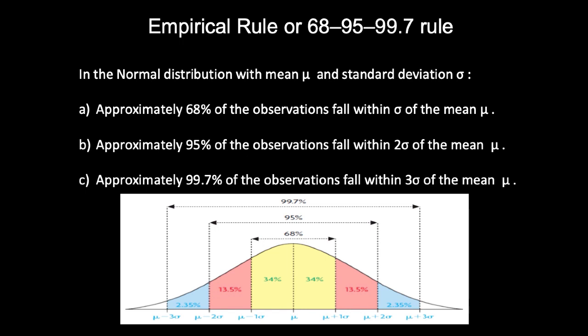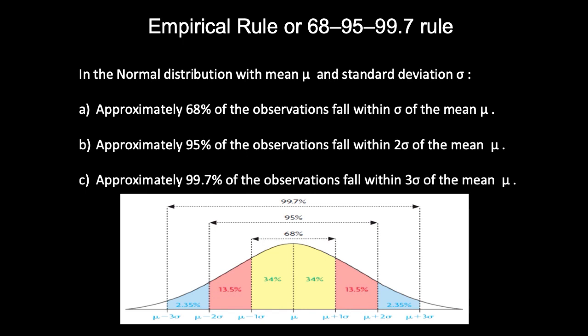Similarly, 95% of the observations fall within 2 sigma of the mean mu. That is the amount of data you find on a normal distribution within 2 standard deviations either side of the mean. 95% of the data will fall in the yellow and light red area.